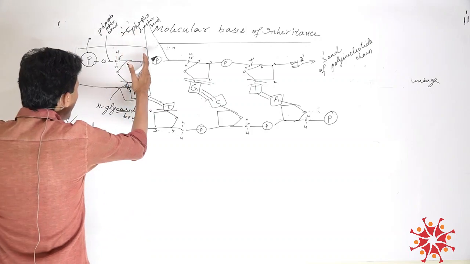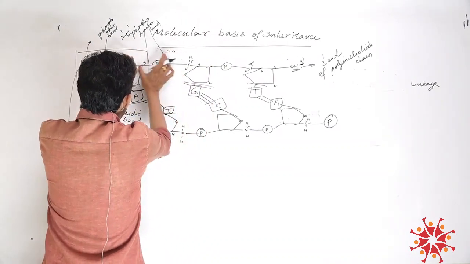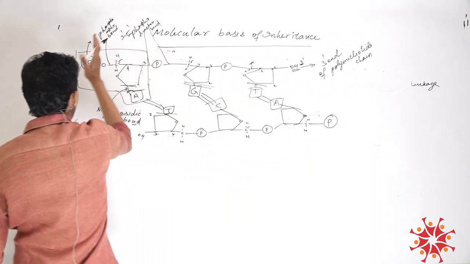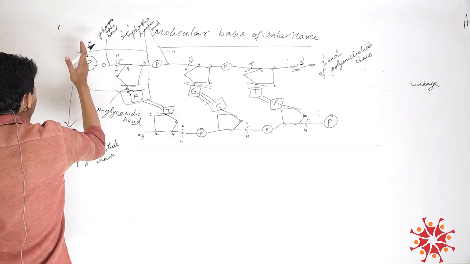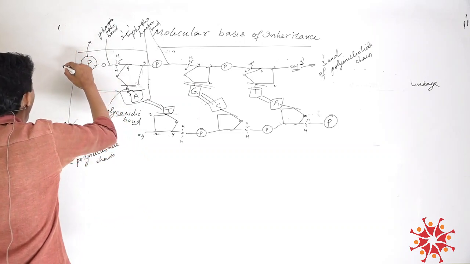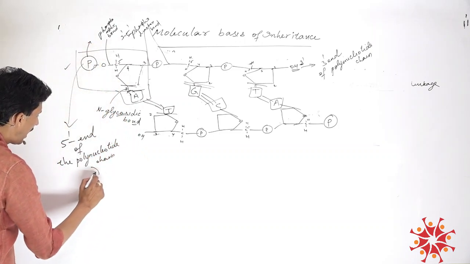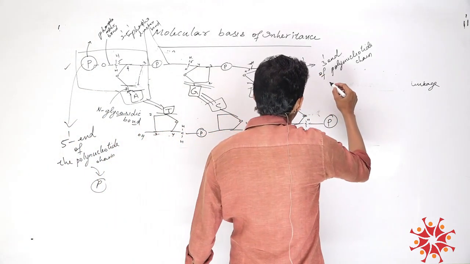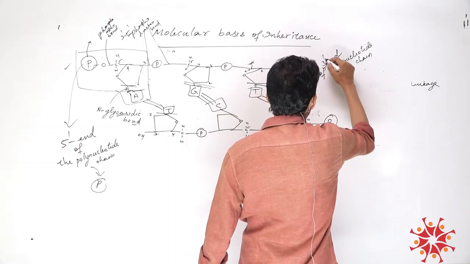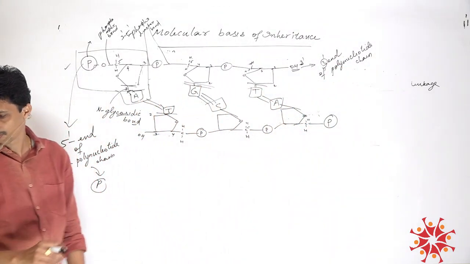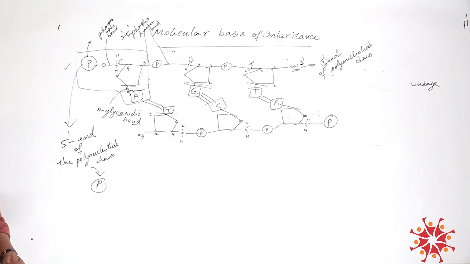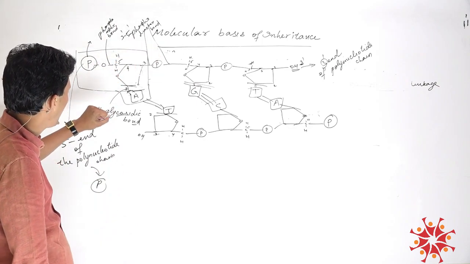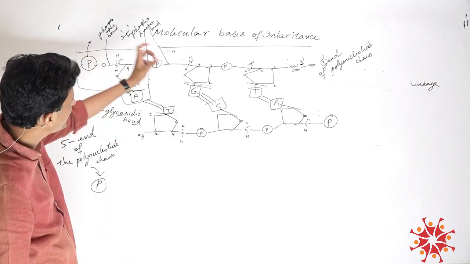And one nucleotide is attached to the other nucleotide by means of the phosphodiester bond. In this entire chain, one end is called the 5' end, which will have a free phosphate group, and the other end will have a free hydroxyl group at the 3' end. Now, if this is one strand, the second strand will have opposite polarity.